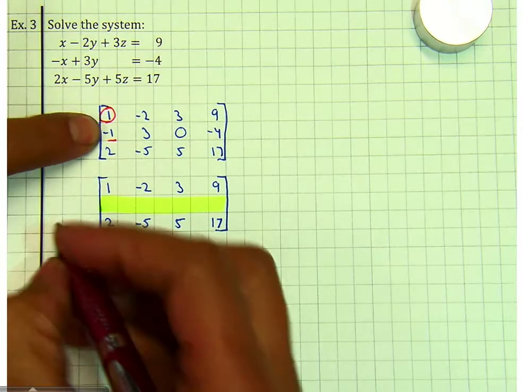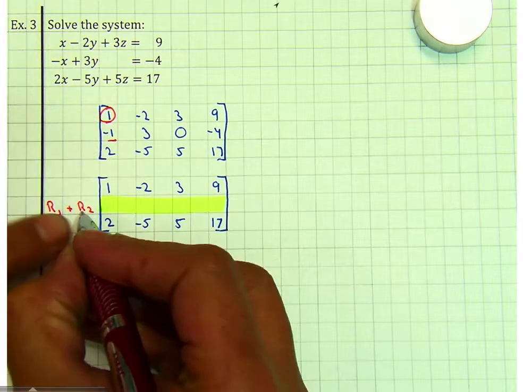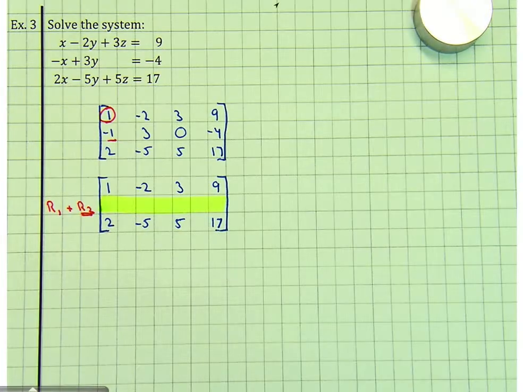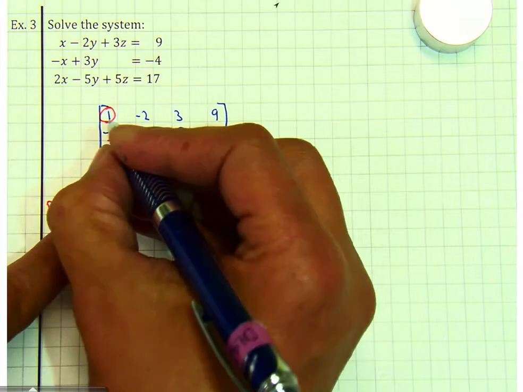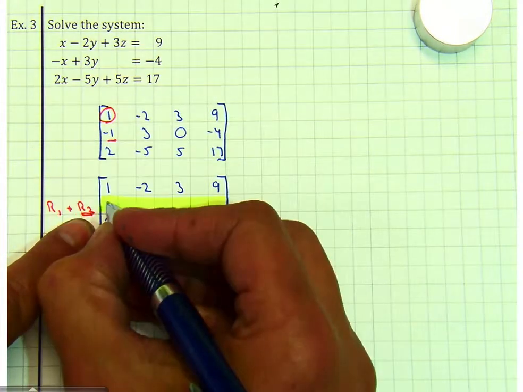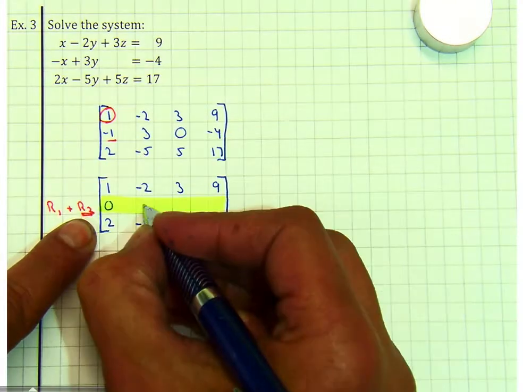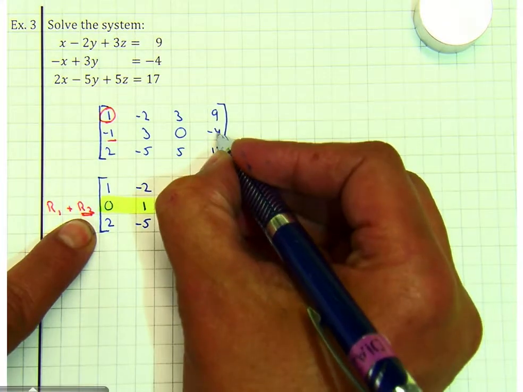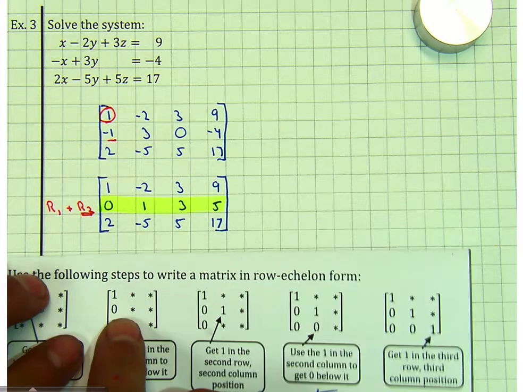So therefore, we're going to add row 1 to row 2. Notice that this is row 2. That should be on the row 2. The last notation is the row number where you write it down. So -1 plus 1, 1 plus -1 is 0. -2 plus 3, add them gives me 1. 3 plus 0 is 3. 9 minus 4 is 5. Perfect.